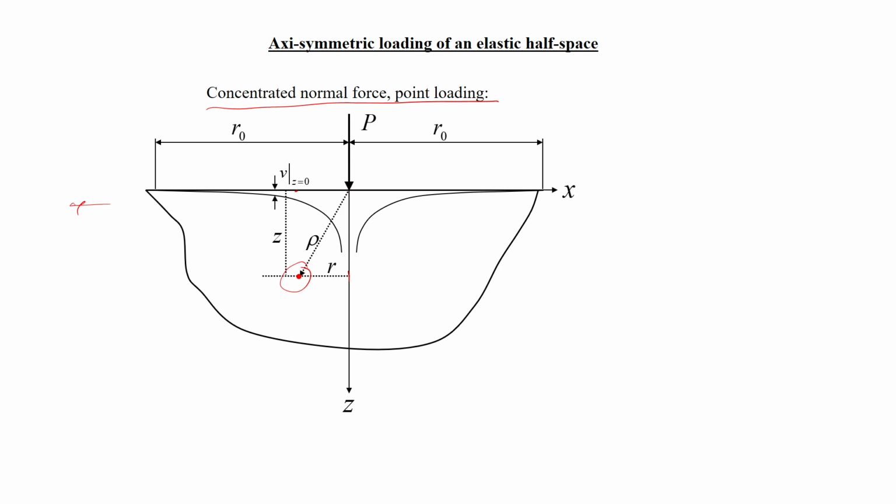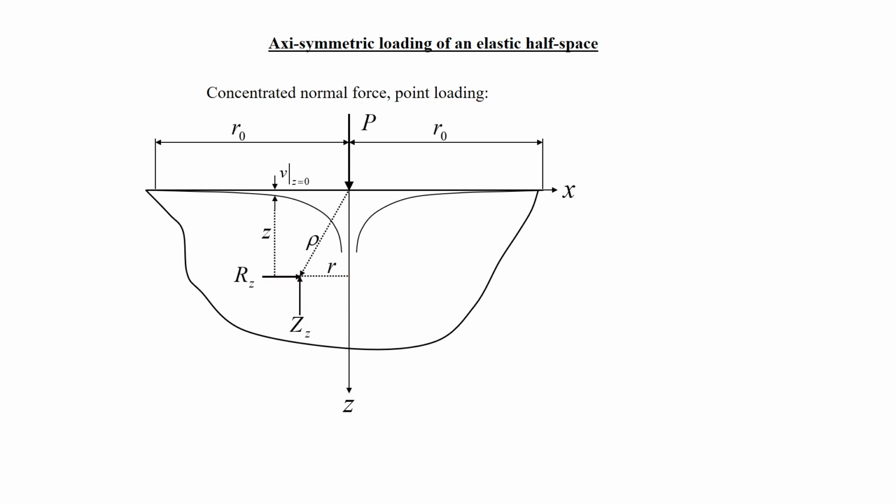And remember that earlier, in the case of line loading, we had solved in the r, theta coordinates, but here we can do it with rho and phi and all that. So, I am not going to go into that detail.